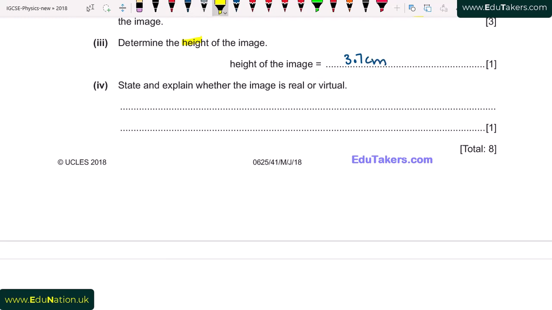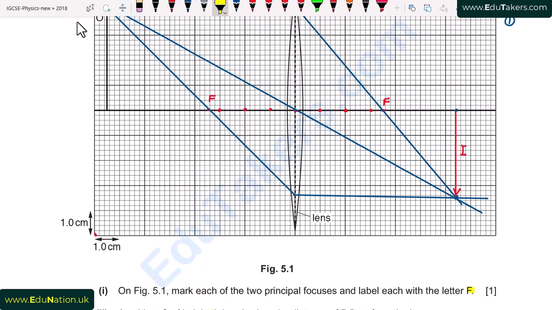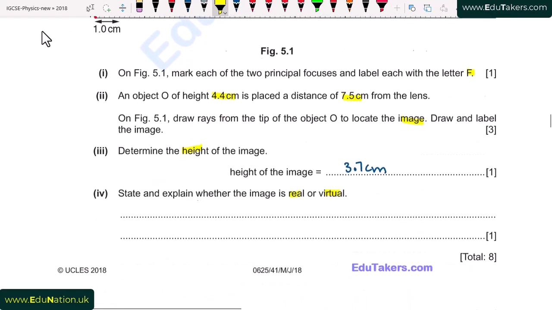Part 4. State and explain whether the image is real or virtual. So we can see from here that the image is real because it can be projected onto screen, and we can say that because refracted rays meet at a single point. So this is a real image.